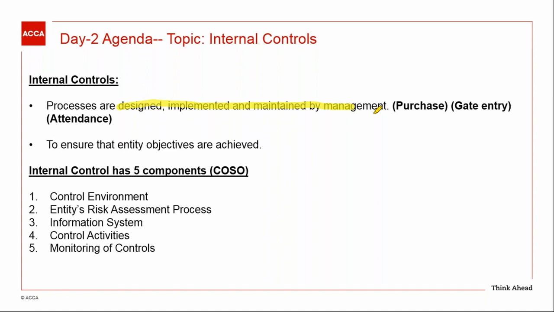After these examples, you will be able to understand what internal controls are. One example is gate entry. First example: if you have experienced, whenever you go into an organization, the security guard sitting at the door stops you and asks you to show your identity.